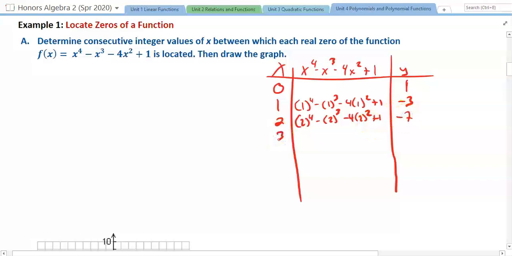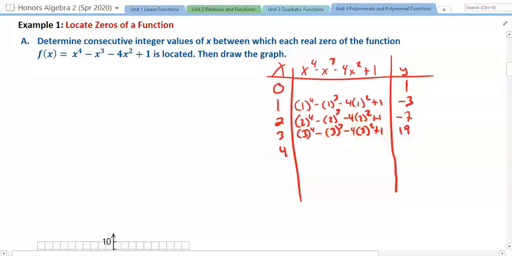And then we go to 3. And so we're going to see 3 to the fourth minus 3 cubed minus 4 times 3 squared plus 1. So what we've got is 81 minus 27, and this is going to be 9 times 4 is 36, plus the 1, and so getting all that together, we're going to get positive 19.